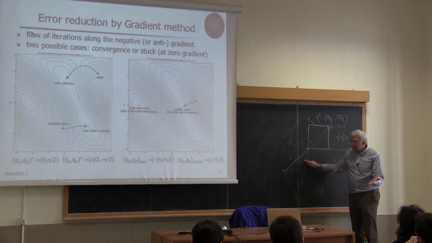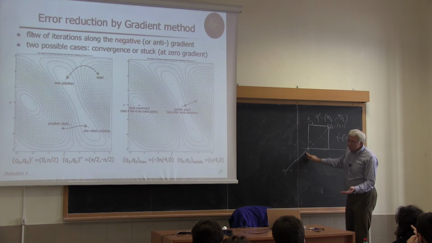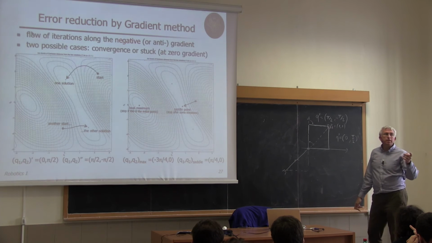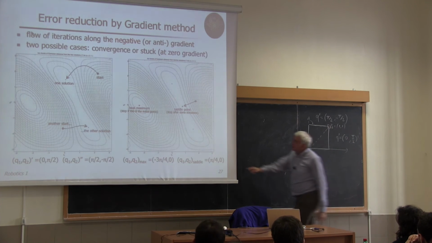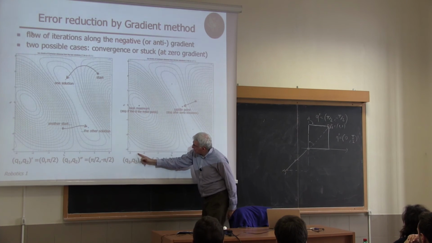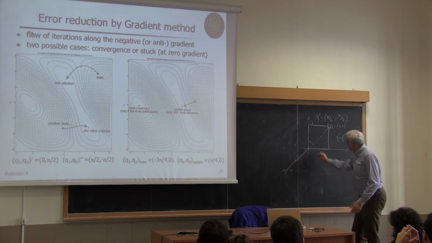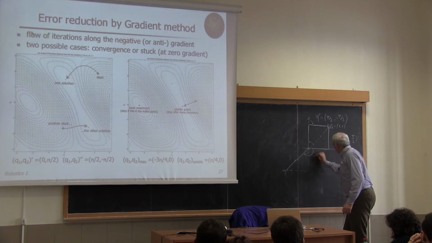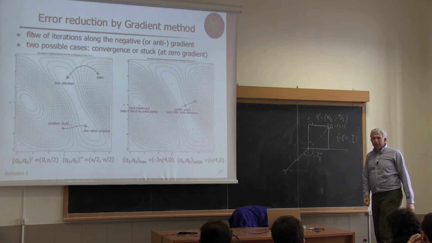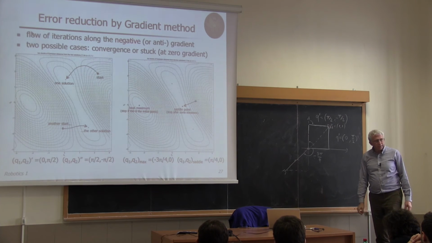Let's read it. What is the value of Q1 here? If we look here, it's minus 3 pi over 4, I guess. Okay?